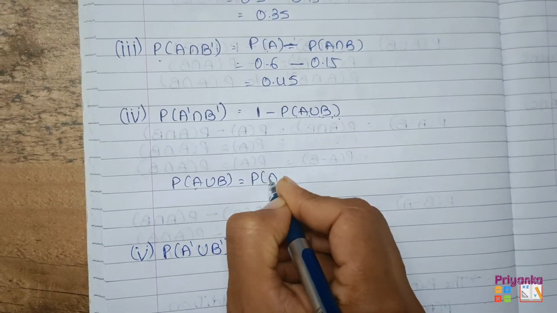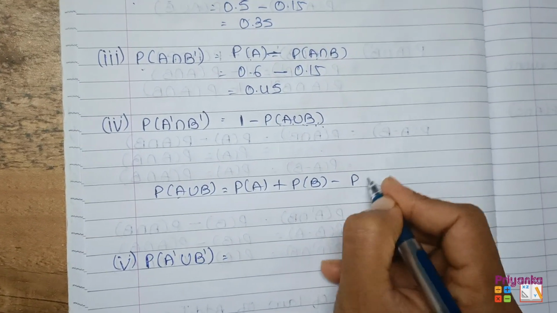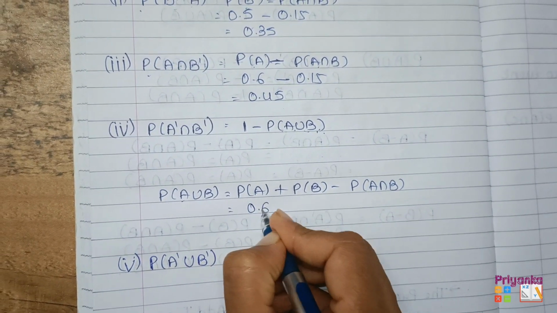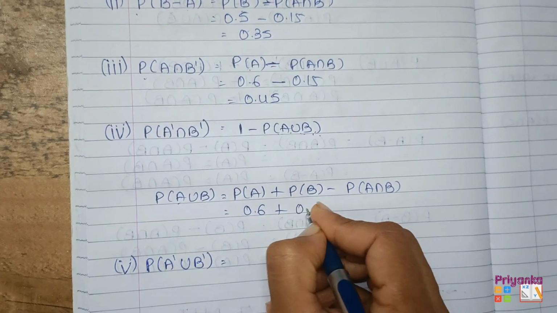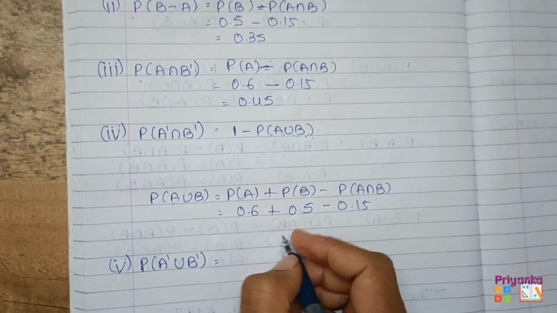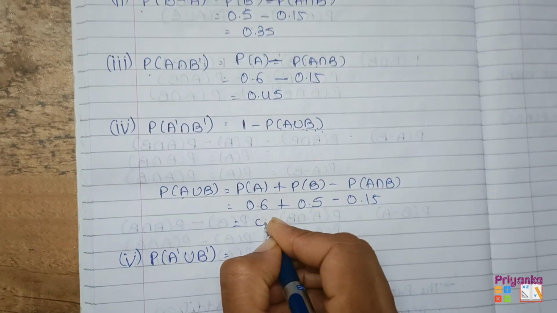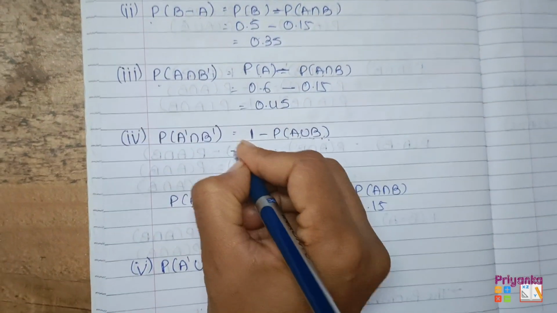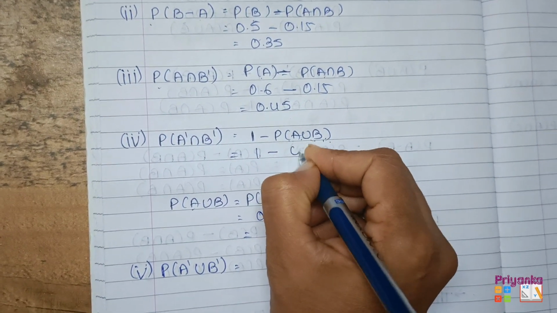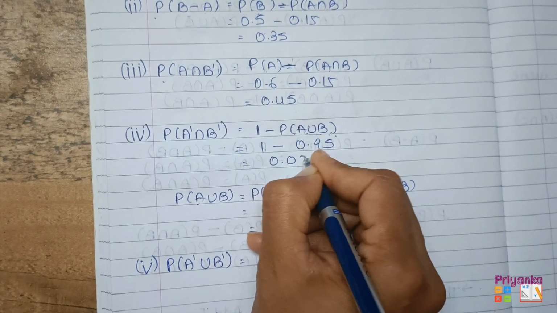For now, let's solve for this equation: P of A plus P of B minus P of A intersect B. P of A, which is given in the question, is 0.6, P of B is 0.5, and A intersect B is 0.15. Now let me calculate this. You will get 0.95. Now let's keep the value in 1 minus P of A union B, which is 1 minus 0.95. Here we get the answer 0.05.